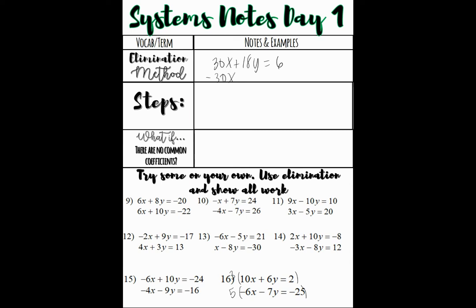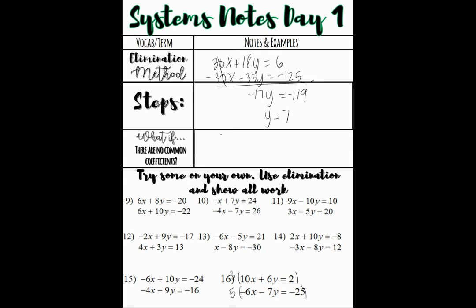Negative 30x minus 35y equals negative 125. So these cancel out. Negative 35 plus 18 is negative 17y. Negative 125 plus 6 is negative 119, divided by negative 17. I get my y as 7.